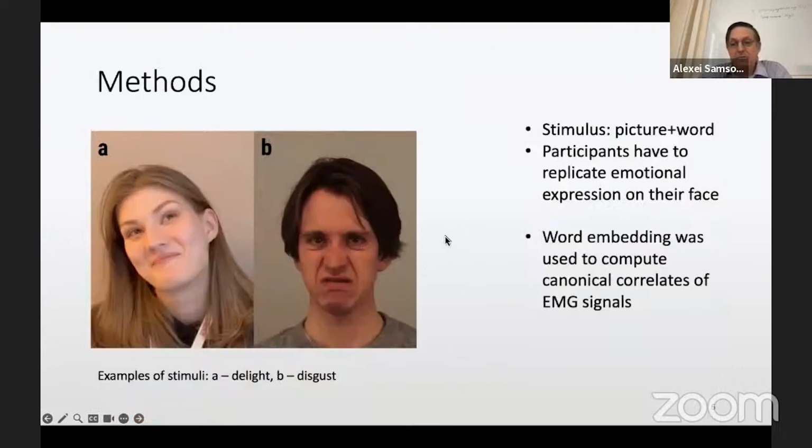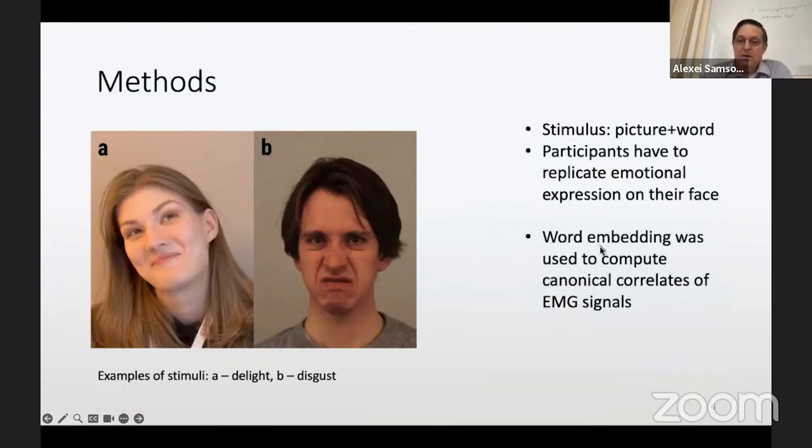As a stimuli, we present pictures of emotional faces from emotion database, including basic emotions and also complex emotions. So participants were instructed to replicate the emotional expression on their face. And at the same time, each image was labeled with the word naming this emotion.